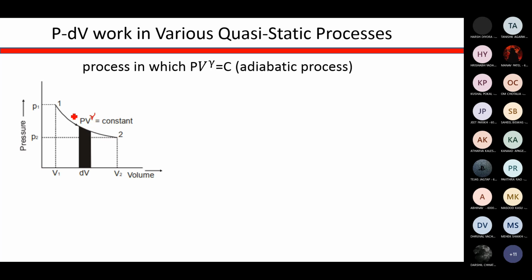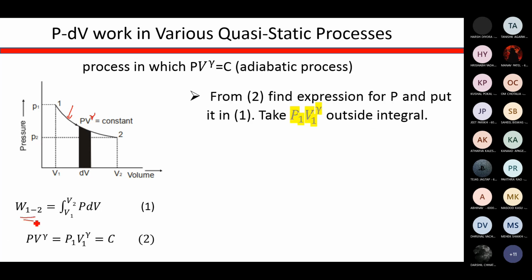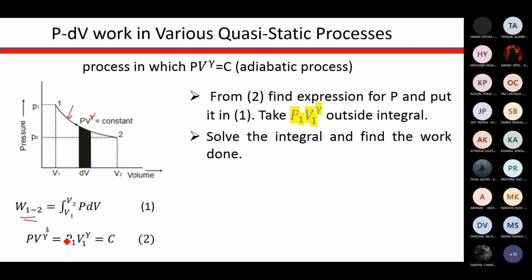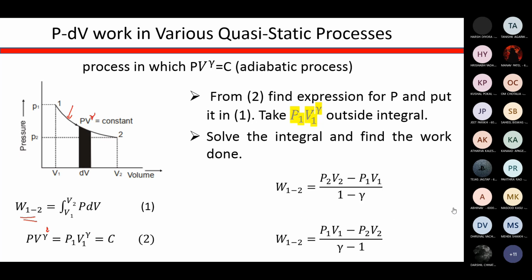Now again follow the same procedure, and instead of n you have this time this gamma index, and you will get similar kind of expressions for the work done. So the only thing is n is replaced by gamma. So note down this expression for the adiabatic process. W1-2 is P1 V1 minus P2 V2 divided by gamma minus 1. Done? Done, sir.